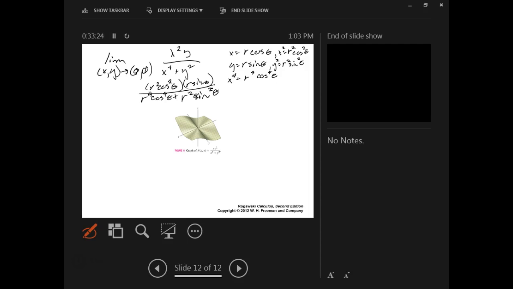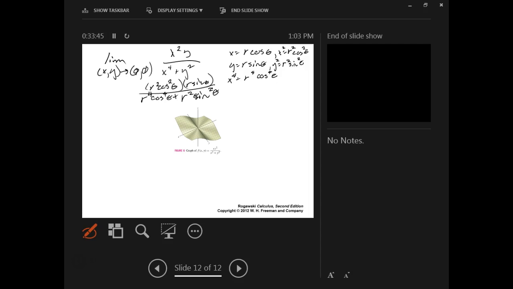And as r is going to 0, that looks like it's going to infinity, so you can't tell where that's going. So that's not the best approach on this one. You don't get rid of the theta dependence in the denominator. There's not really a lot you can do.